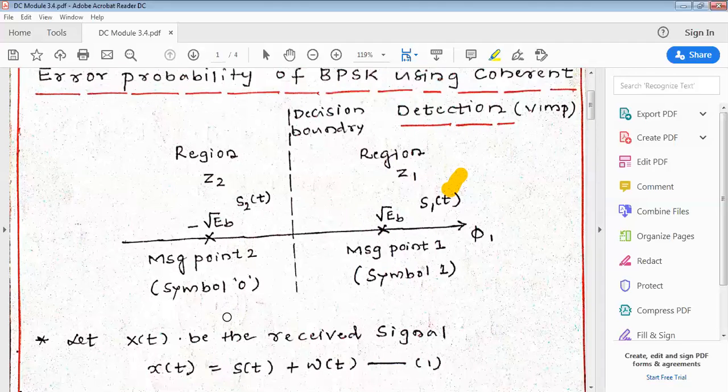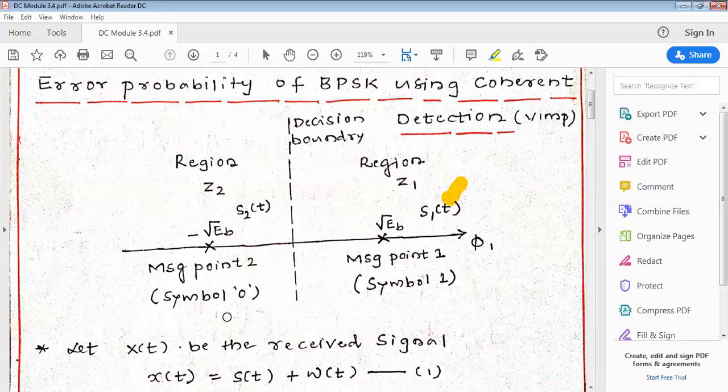Whenever you transmit the binary data ones and zeros through the communication channel, the receiver will make a decision in two ways. For example, if I transmit a binary 1 or symbol 1, the receiver is supposed to decide symbol 1, but because of the presence of additive white Gaussian noise, it makes a decision in favor of 0 when the binary 1 was transmitted.